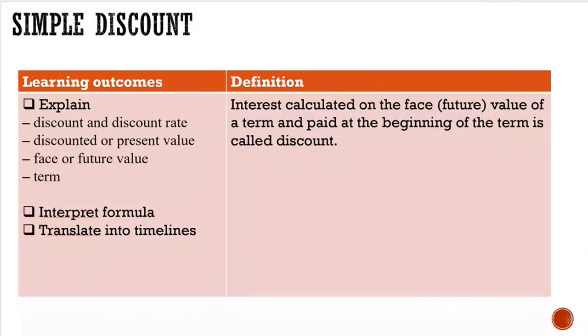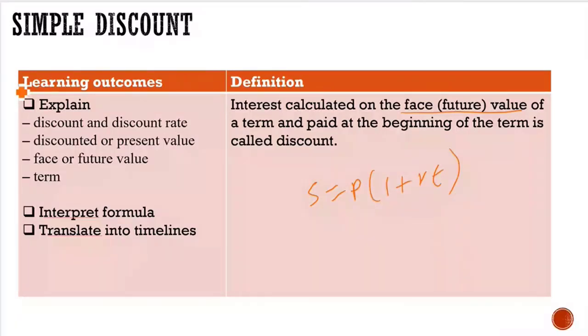So a simple discount is an interest rate calculated on the future value. Simple interest, remember, we had S is equal to P into 1 plus RT.